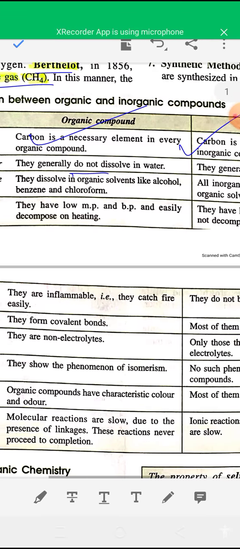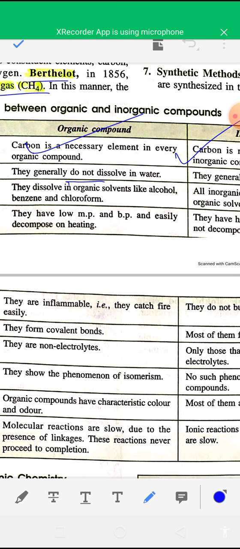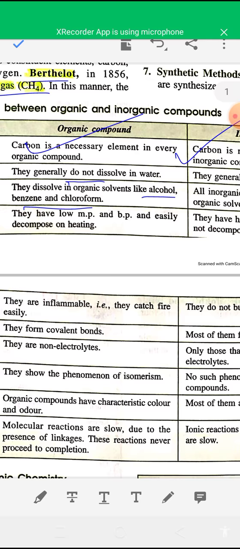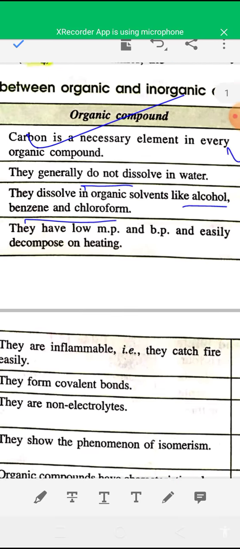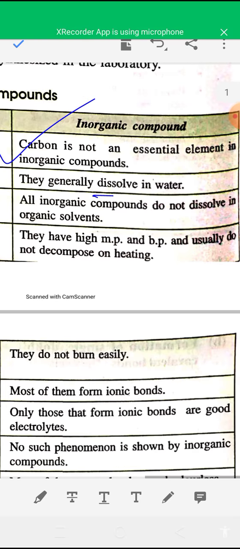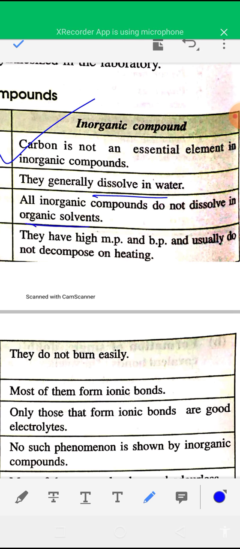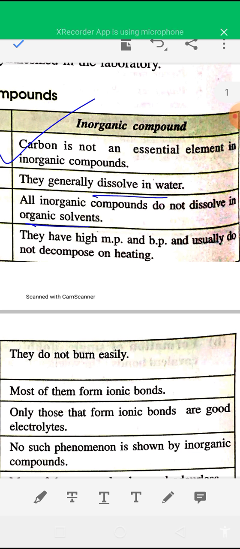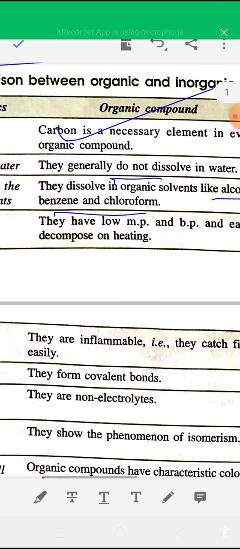Solubility in organic solvents: organic compounds are soluble in organic solvents like alcohol, benzene, chloroform, but inorganic compounds do not dissolve in organic solvents. So inorganic compounds dissolve in water but not in organic solvents, and organic compounds do not dissolve in water but dissolve in organic solvents.